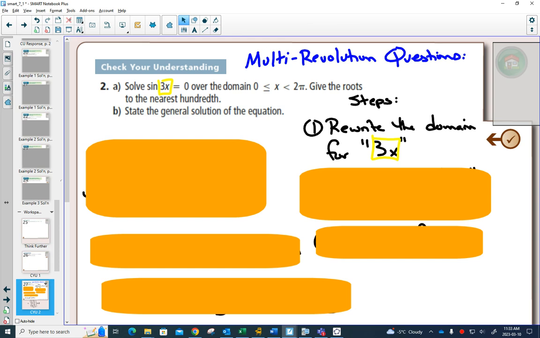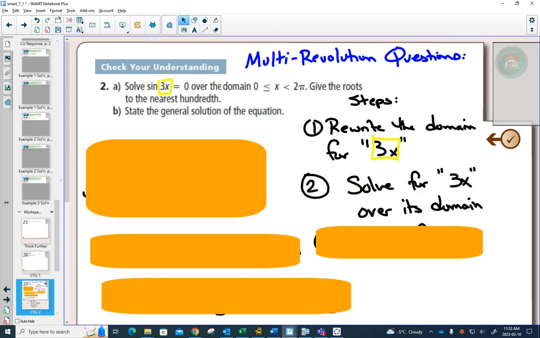Step 2: once you've rewritten the domain for 3x, you are going to solve for 3x over the domain that you wrote. And finally, we'll solve for x. So with multi-revolution questions, we rewrite the domain, we solve for whatever's inside over the new domain, and then we'll be able to solve for x.